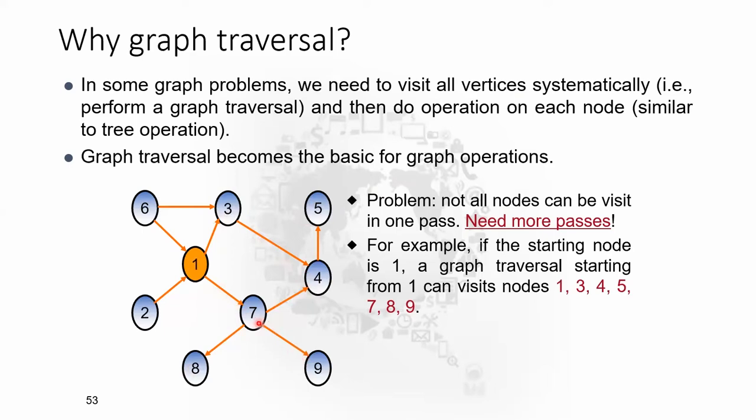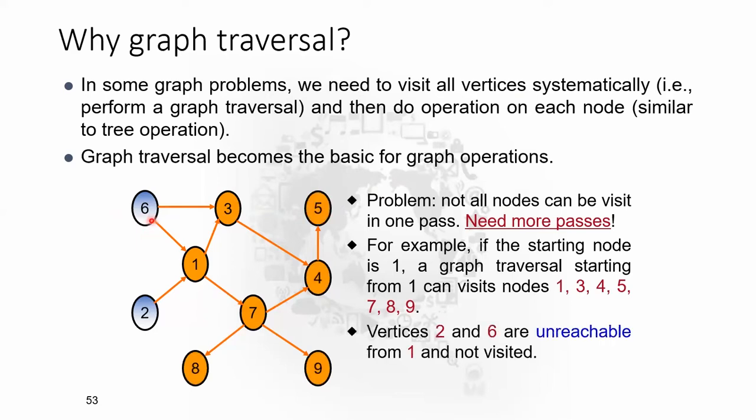Because of the arrows shown here. But can you go to 6? No, it's not able to go to 6 and 2 either. Why? Because of the arrows. 2 can only go to 1, but 1 cannot go to 2. Same for the rest, because there are no arrows that go into them.